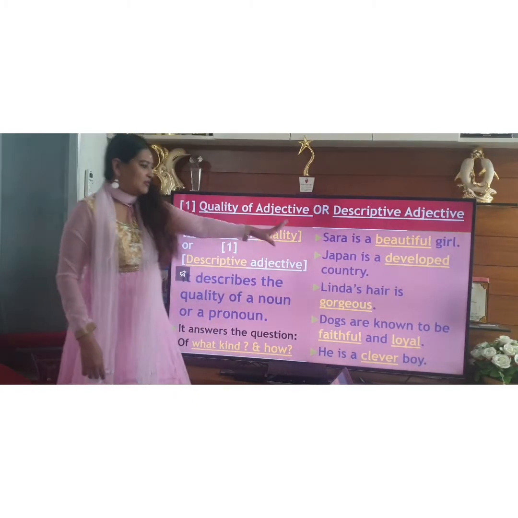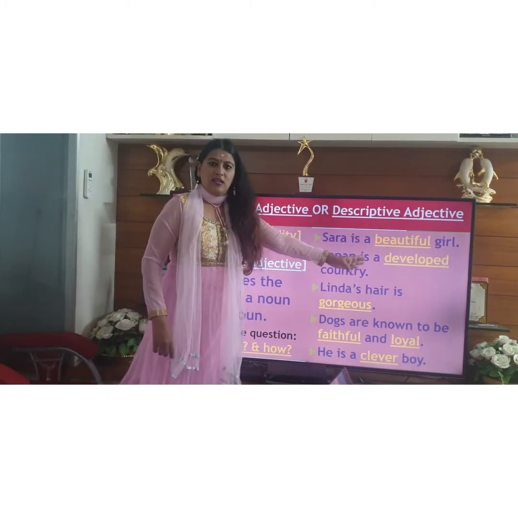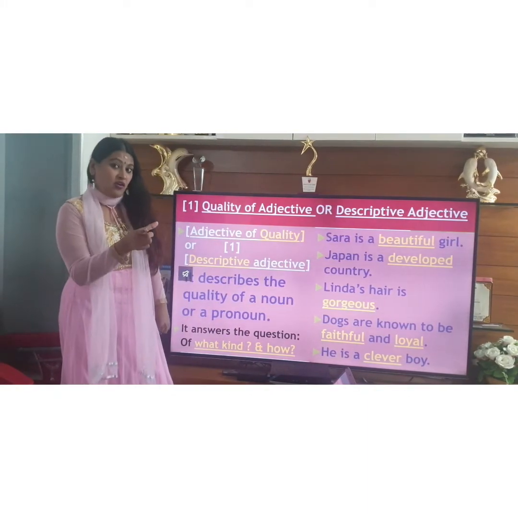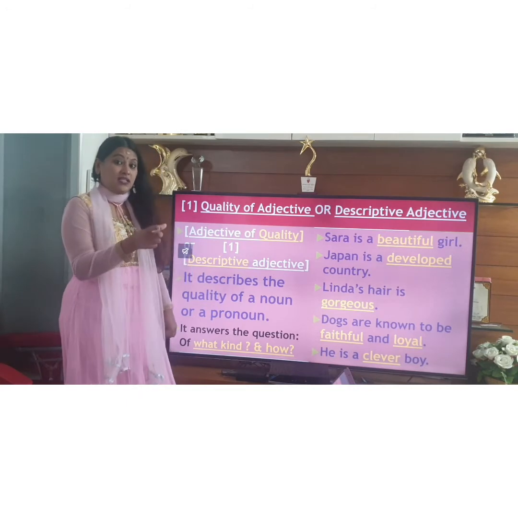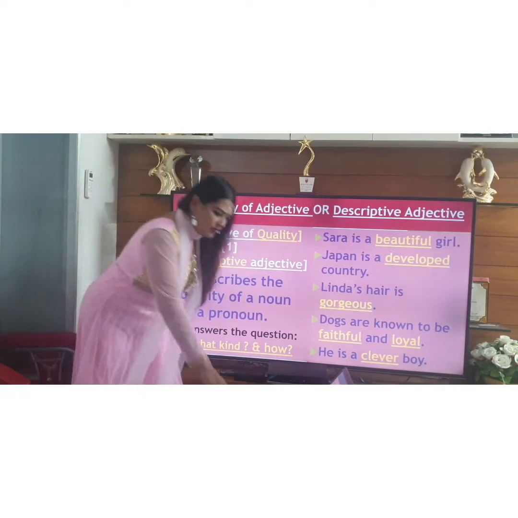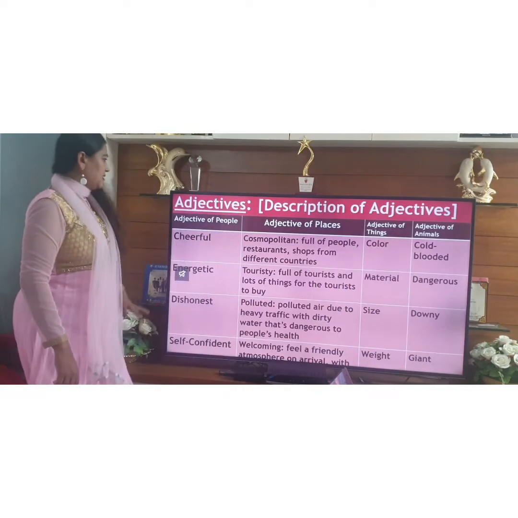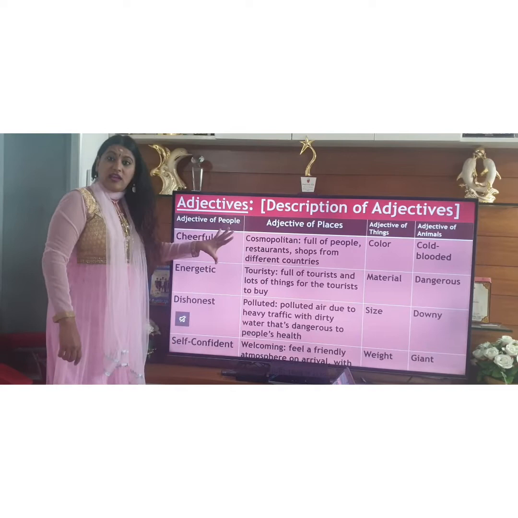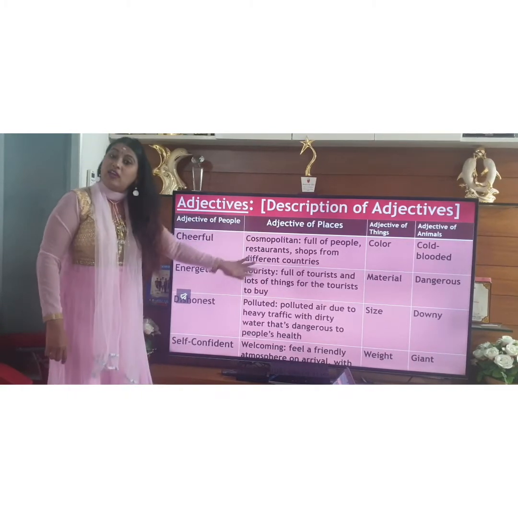See, these answers we already read. Anything that describes, that highlights a person with his or her qualities or its qualities, is called an adjective of quality. Let's see through a pictorial example. Here is a chart where we describe name, place, thing, animal. We already covered this chart.